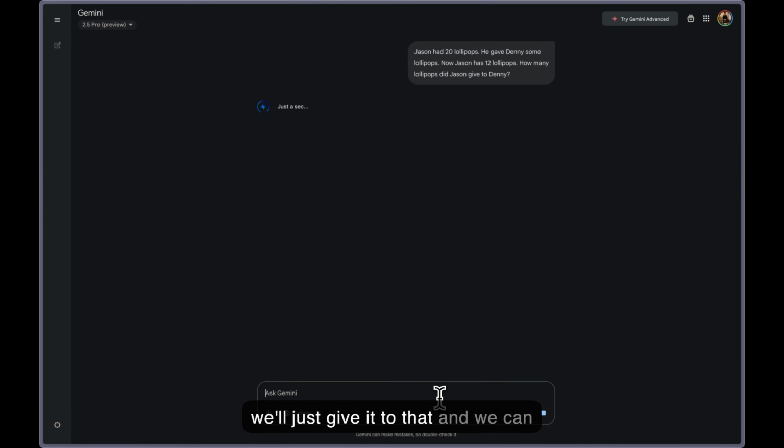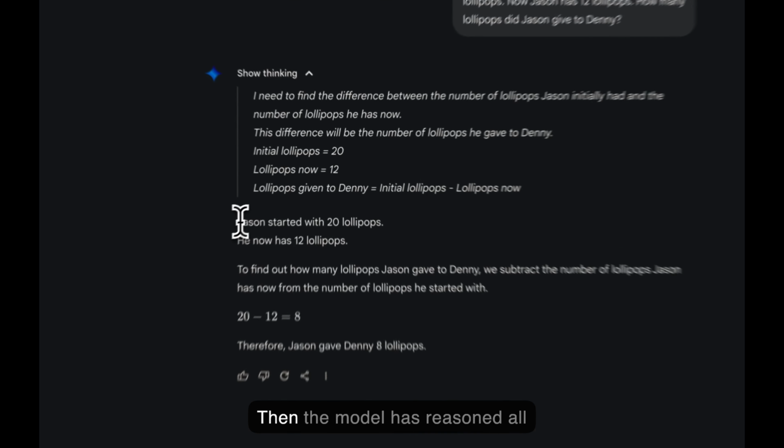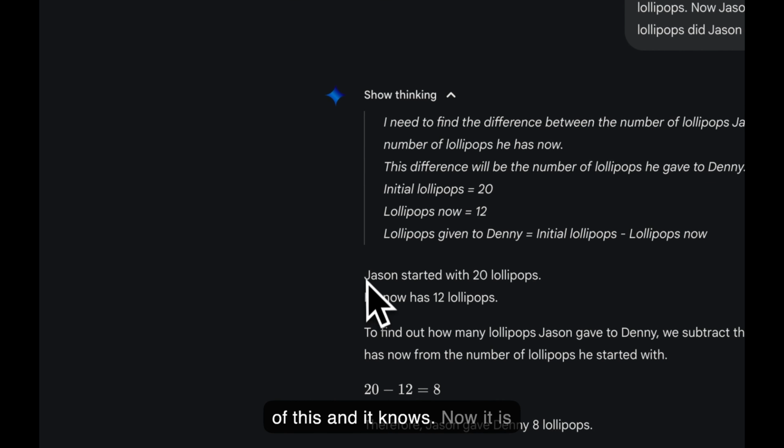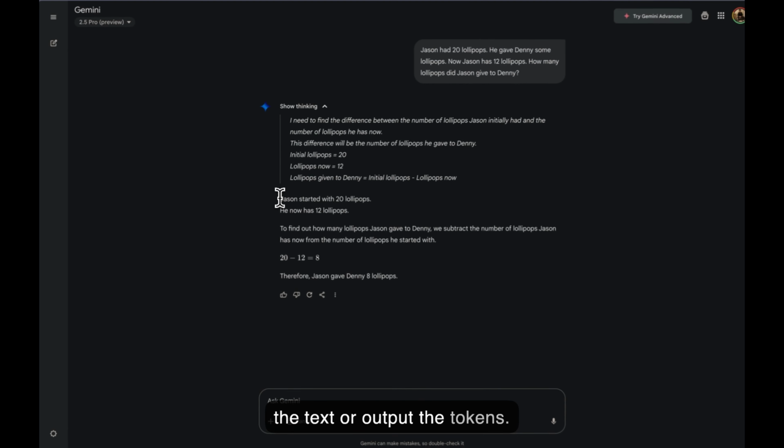I need to find the difference between the number of lollipops Jason initially had and the number of lollipops he has now. The difference will be the number of lollipops he gave to Denny: initial lollipops minus lollipops now. Then the model has reasoned all of this, and it knows. Now it is starting to output the stream of text, or output the tokens, right?